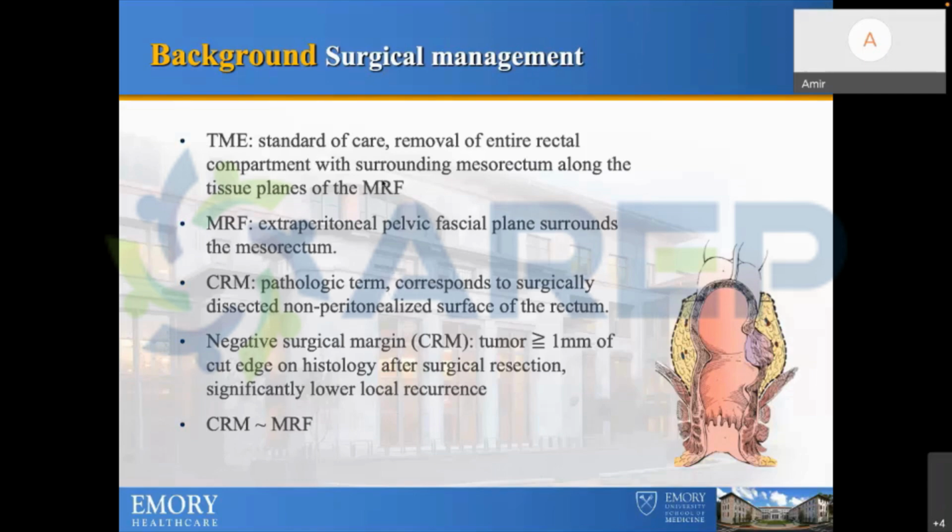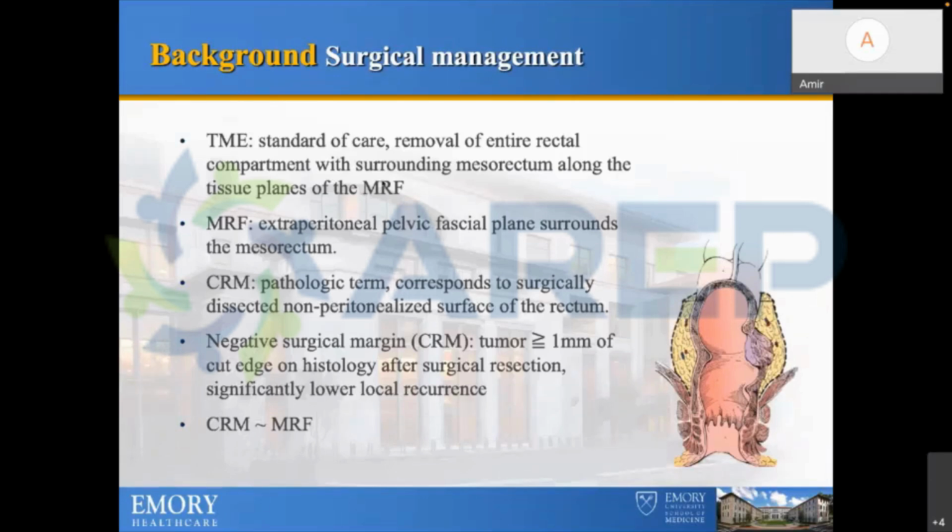What is mesorectal fascia? I'll show you more in detail on images, but mesorectal fascia, or MRF, is a fascial plane that surrounds the rectum, and it surrounds the mesorectal fat. It's a radiological term, and it's actually an anatomical term that you can see well on MR. CRM, on the other hand, is a pathological term.